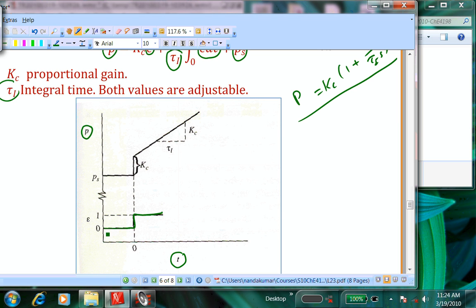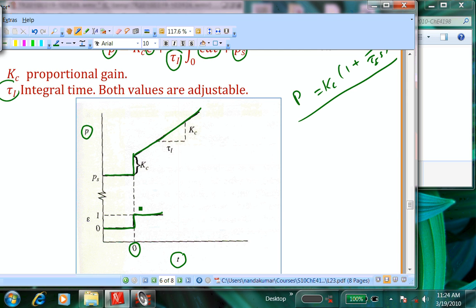So if I make the step change in error, what should the signal that comes out of the controller to the valve look like? Okay, so I'm claiming, and we can do this in Simulink and plot it out, you will see that the pressure signal to the valve will go like this. And can you understand each part of the response? What is happening at t equal to 0 when I send an error signal of unit step change?